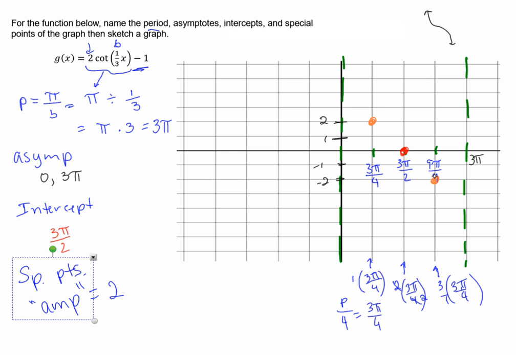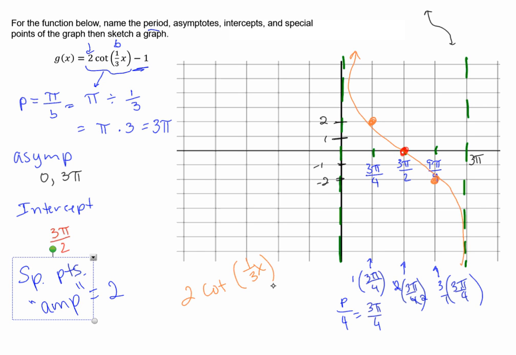So then I would connect those dots, right? I would say, oh, it goes up, goes all the way down the asymptote, curves a little bit, and goes up there. Not beautiful, but close enough. At least it's curvy, right? Okay, so that is 2 cotangent of 1/3 x.